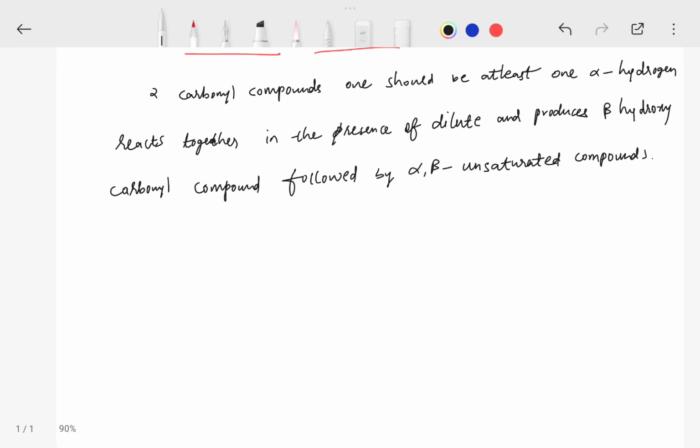So if we see the reaction, CH3 C double bond O H. The name of this compound is acetaldehyde.